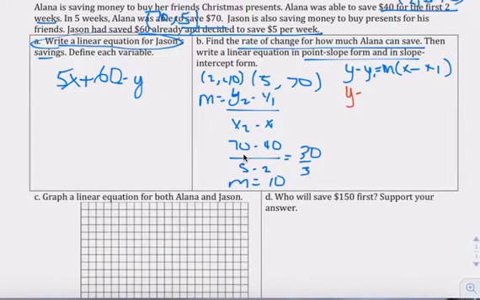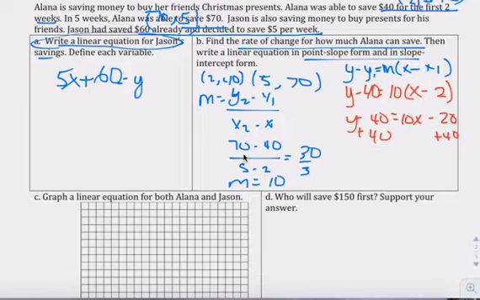Y minus y1, oh no, y1 is 40, and x1 is 2. Distribute: y minus 40 equals 10x minus 20. Then add 40. Y equals 10x plus 20.